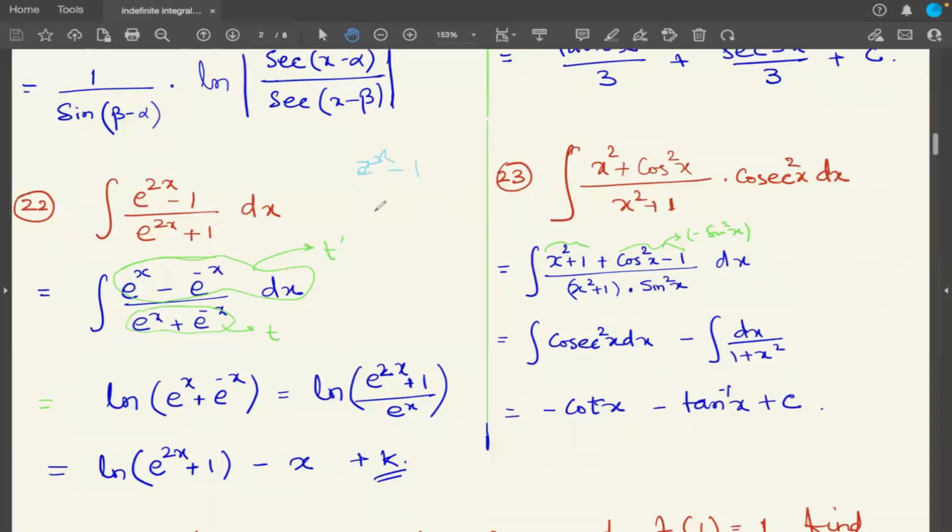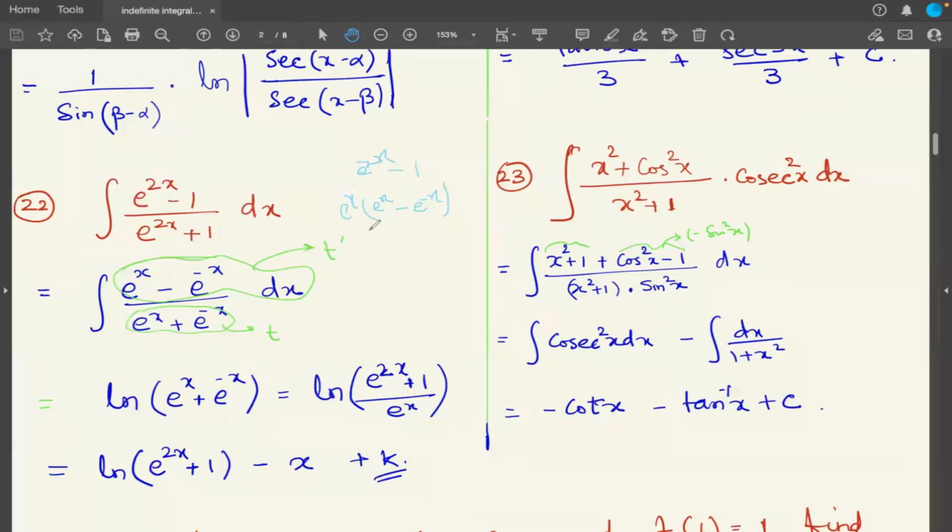We write e to the power x minus e to the power minus x, multiplied over e to the power x. We can write the numerator by just taking e to the power x common, a basic factorization.